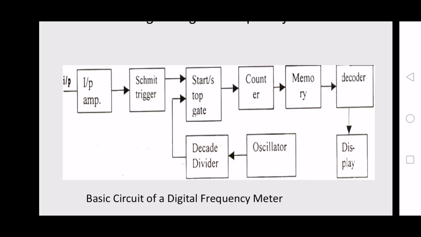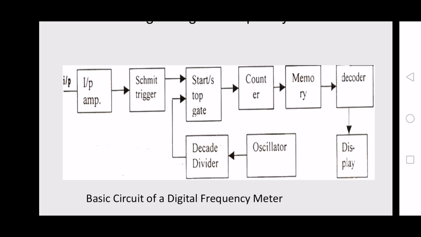During that duration, the number of pulses of the unknown input signal are counted. We call it the enable signal. During that enable time between start and stop, the number of pulses of the unknown input signal is measured by the counter.